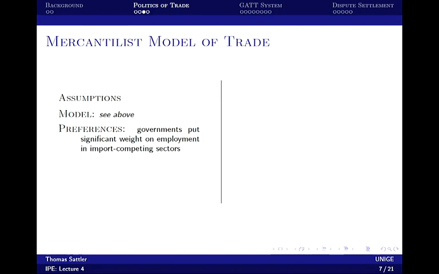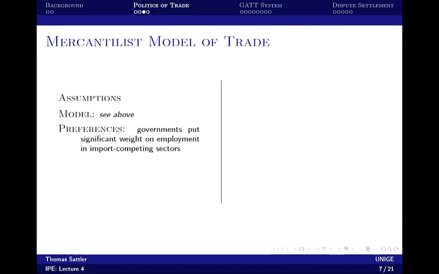What's the best outcome? What would you as a government do? Yes? Exactly. So now I try to protect and you liberalize, so I can actually export to your country, and I don't get your imports, which hurts consumers, but it benefits my import competing sector. Exactly. What's the second best option? Yes?